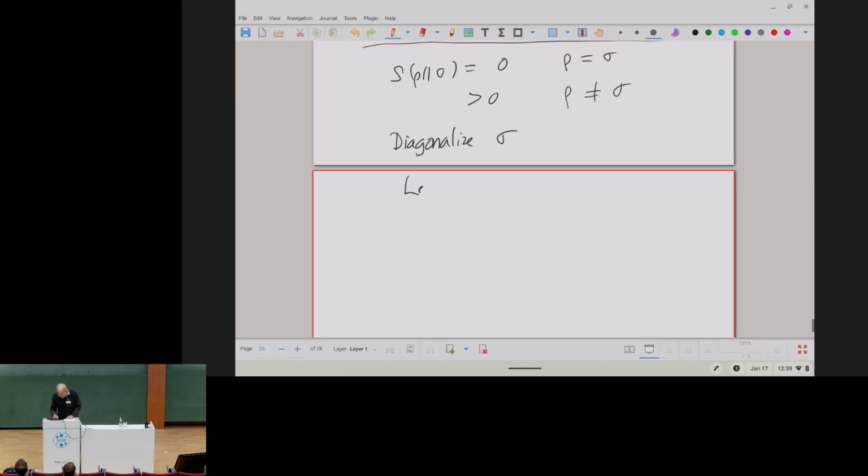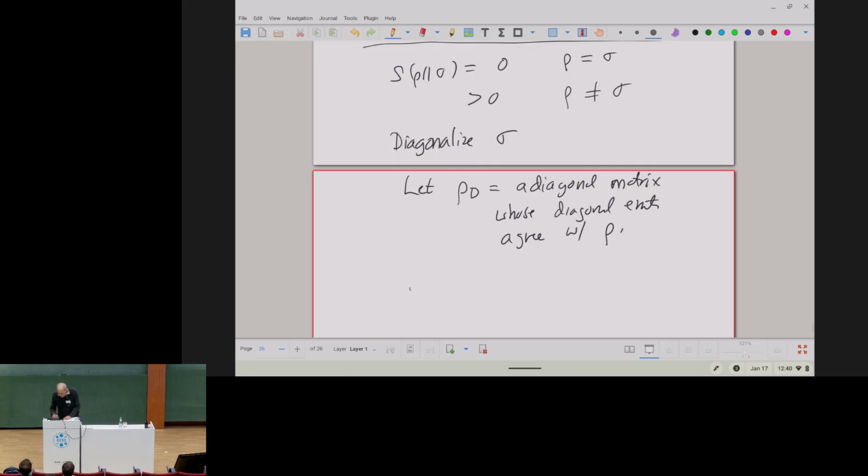But we can let rho d equal a diagonal density matrix whose diagonal elements agree with rho. So rho d is obtained from rho by keeping the diagonal elements and replacing the off-diagonal elements by 0.